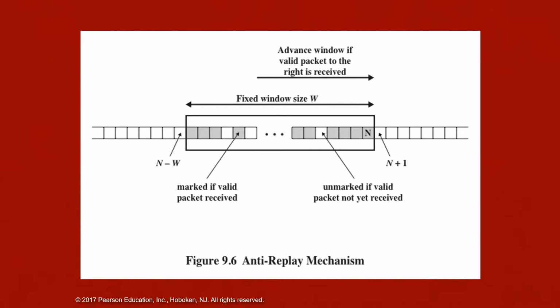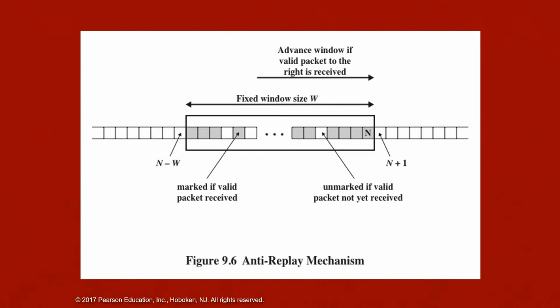Inbound processing proceeds as follows when a packet is received. 1. If the received packet falls within the window and is new, the MAC is checked. If the packet is authenticated, the corresponding slot in the window is marked. 2. If the received packet is to the right of the window and is new, the MAC is checked.